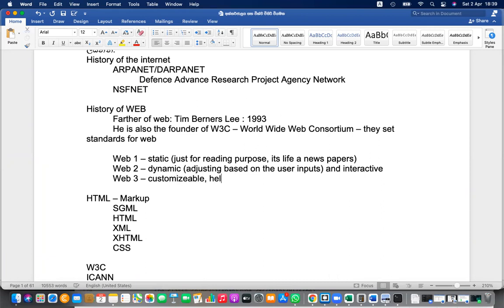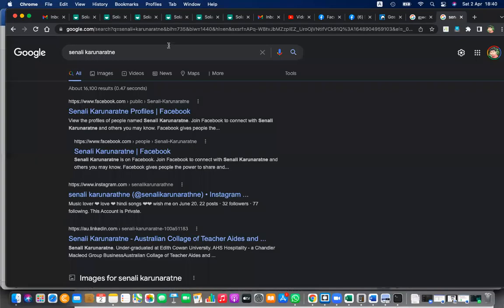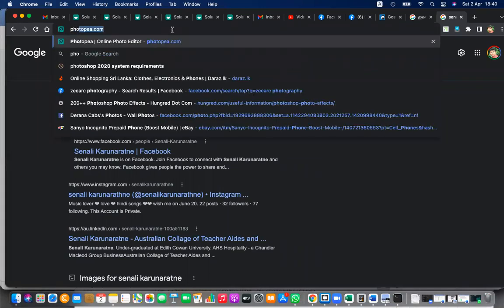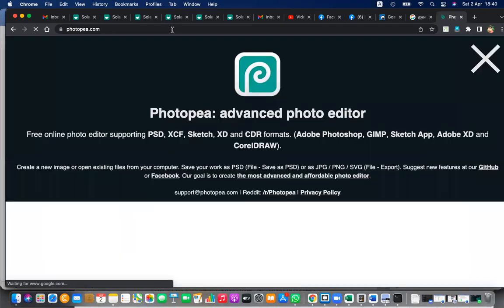Web 3 is customizable and provides web applications. So if you don't have a software, let's say I need Photoshop, but it is not installed in my machine, I can still visit a website called Photofia, which is similar to Photoshop.